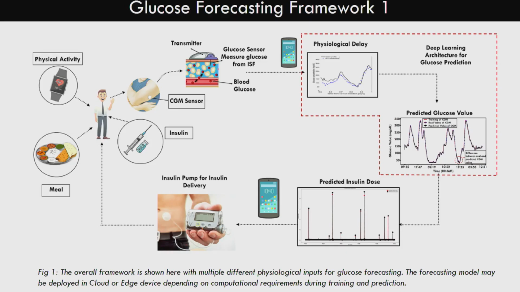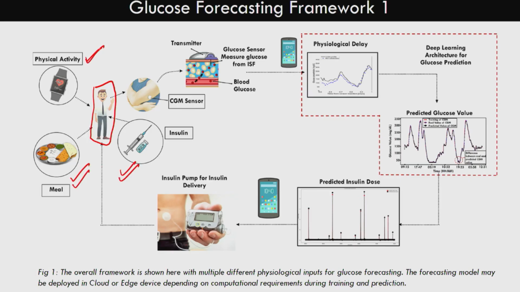So, what is involved in this glucose forecasting? Essentially you have the patient or the person who wants the glucose forecast. There are many different factors which are affecting your glucose level. The major part is actually meal and insulin. If they are taking insulin, then these are the two major contributors to change in glucose level.